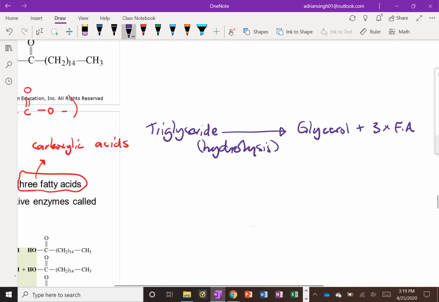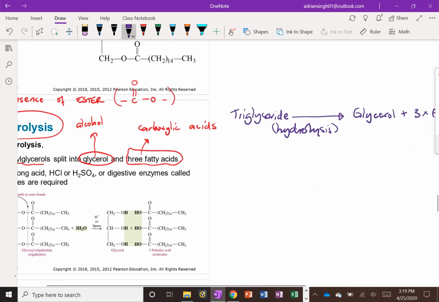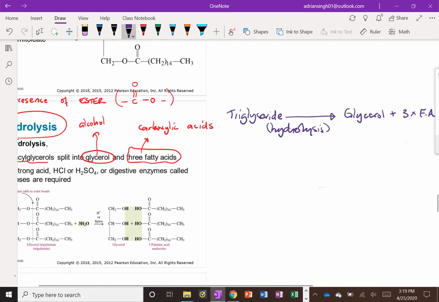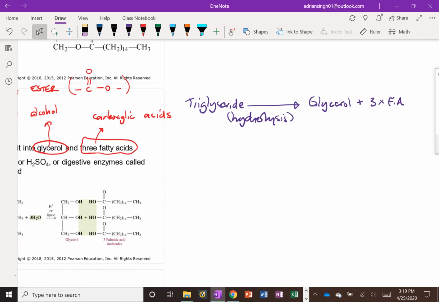So the only way we're going to get these specific types of products is if we subject the triglyceride to water and an acid catalyst. So think about that for a second. The acid catalyst that we normally saw before was sulfuric acid, which is a very, very strong acid.